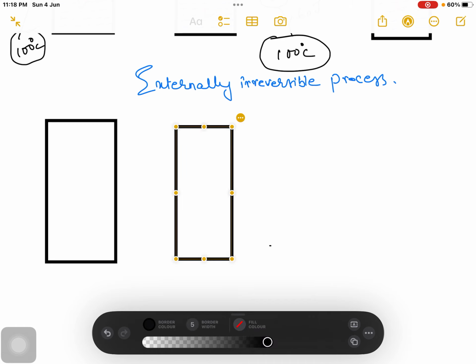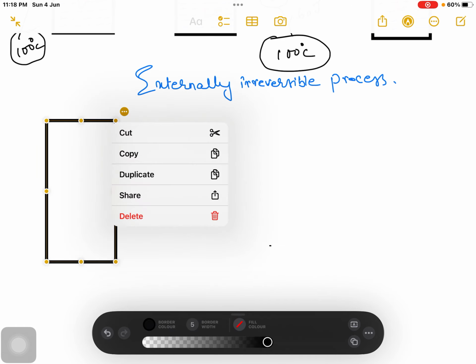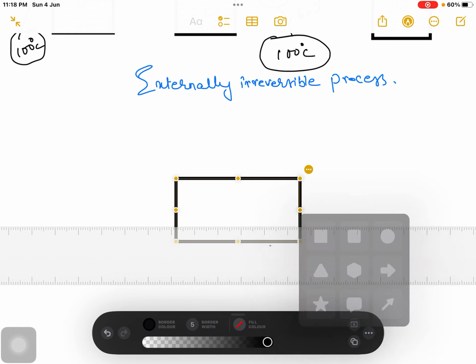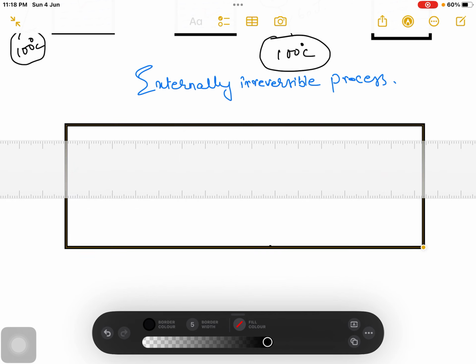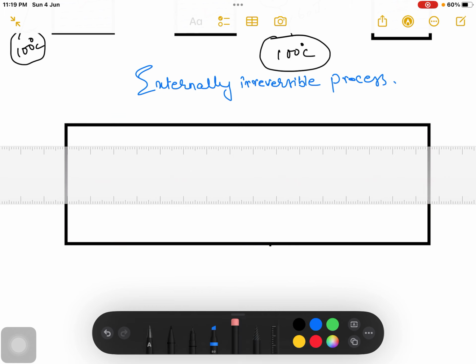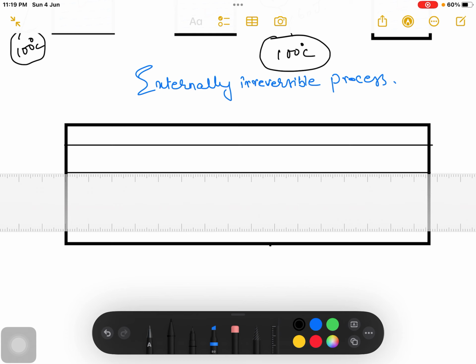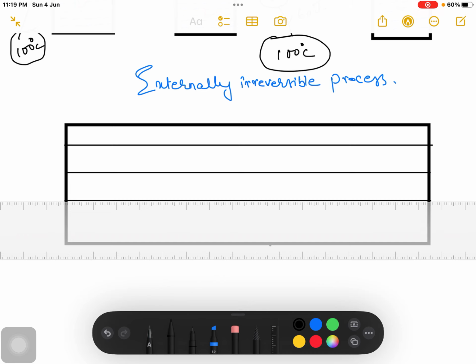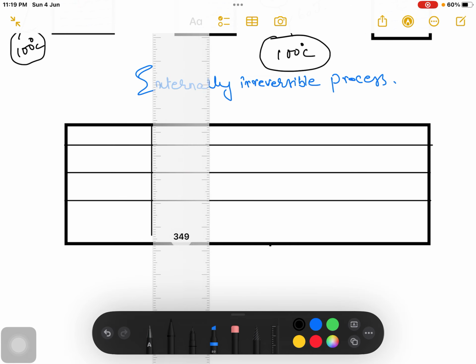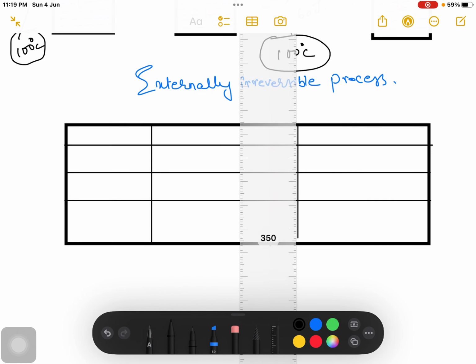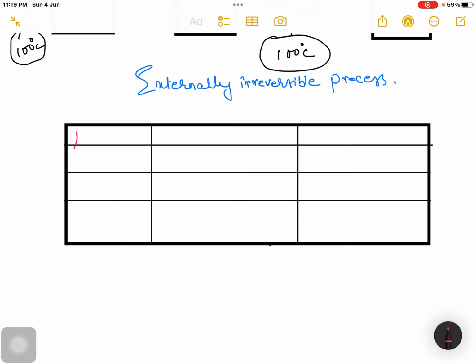For each process, there is heat interaction and work interaction taking place in the surrounding.